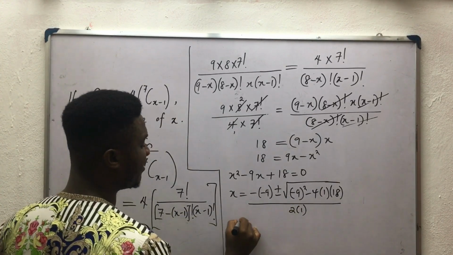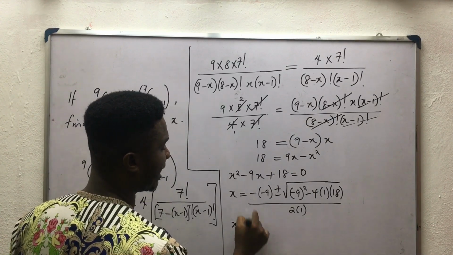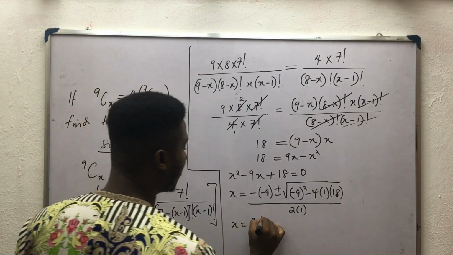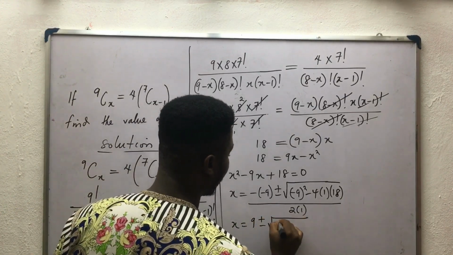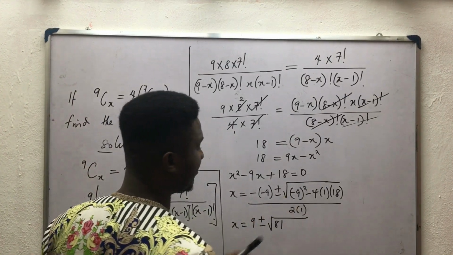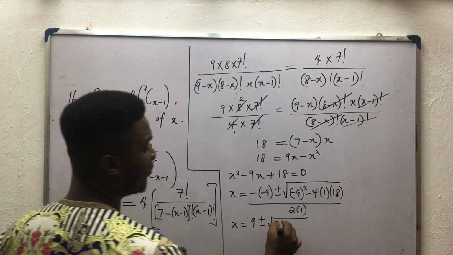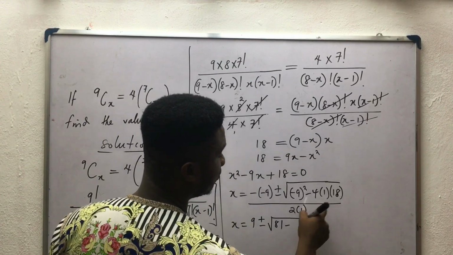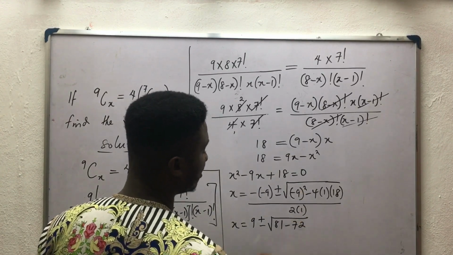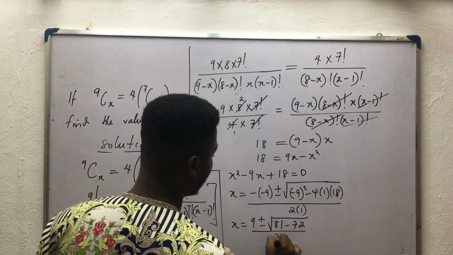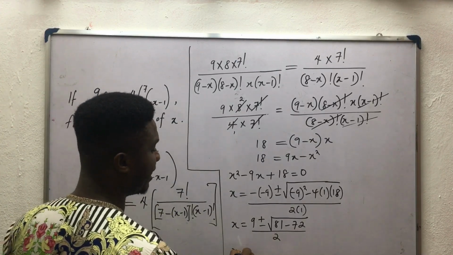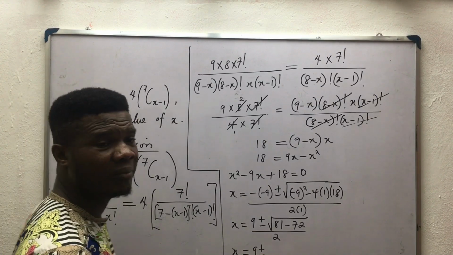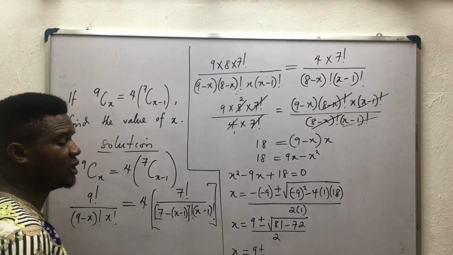So this simplifies to 9 plus or minus the square root of 81 minus 4 times 18, which gives you 72, all over 2. And this simplifies to x equals 9 plus or minus the square root of 81 minus 72, which is 9.